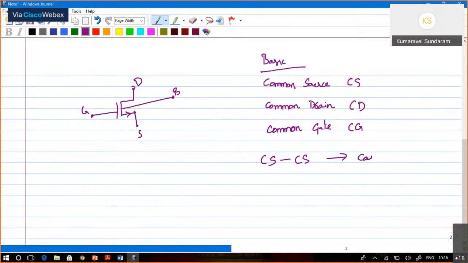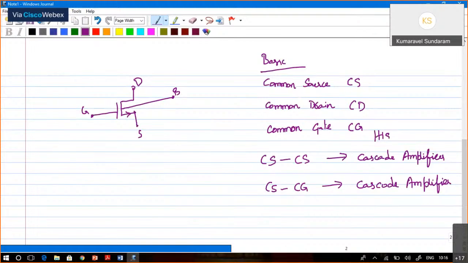We'll call this a cascade amplifier, whereas CS followed by CG will be termed as a cascode amplifier. So there are 2 types of high gain amplifiers, cascade amplifier and cascode amplifier. It depends on how the amplifier circuits are connected.